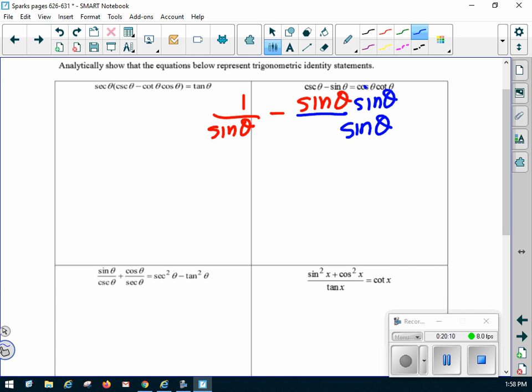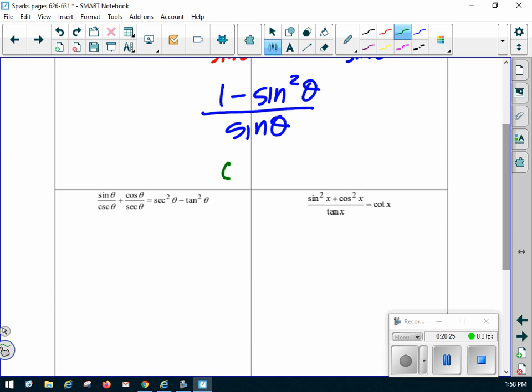What's this give me? 1 minus sine squared theta, which is cosine squared theta.